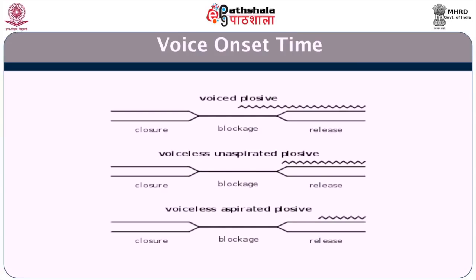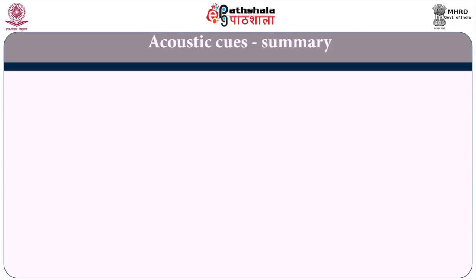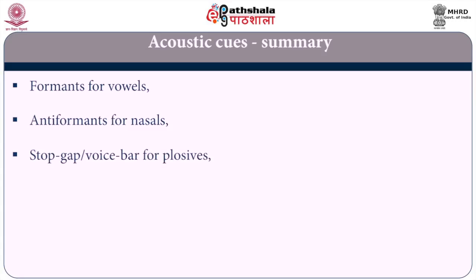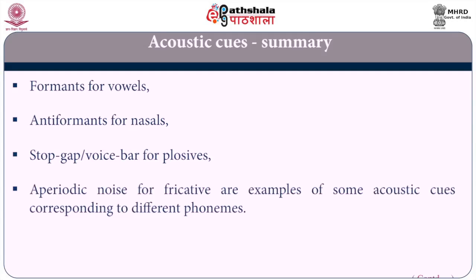and the brain perceives this voice onset time and differentiates different sounds. So, to summarize what I have said about acoustic cues for different speech sounds, you have formants for vowels, you have antiformants for nasals, you have stop gap or voice bar for voiceless and voiced plosives, you have aperiodic noise for fricatives and affricates.